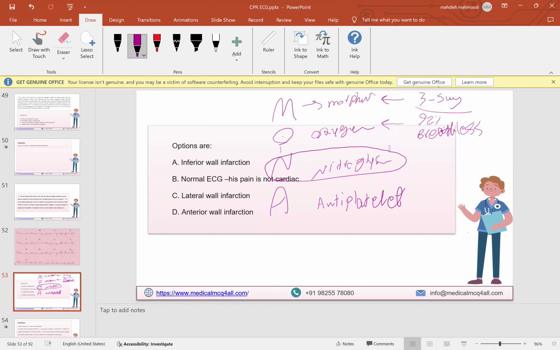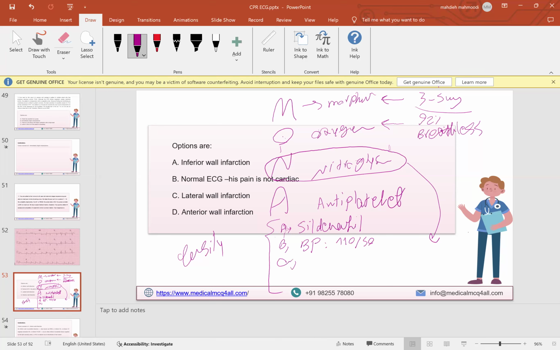But there are contraindications to giving the patient nitroglycerin. So to which of these patients can you easily give nitroglycerin? A, ST elevation MI, sildenafil. B, patient has a blood pressure of 110/50.